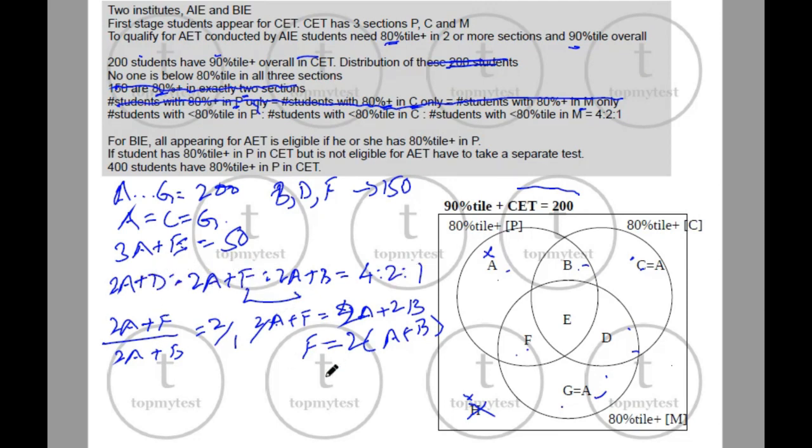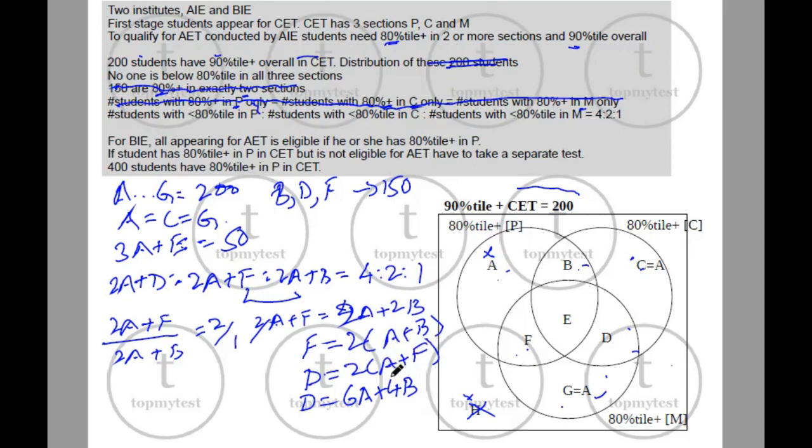The same logic, I can write D will be equal to twice of A plus F. And we know F is 2A plus B. So I can write D in terms of B. If I put F is equal to twice of A plus B, this will resolve to 2A plus 2B.